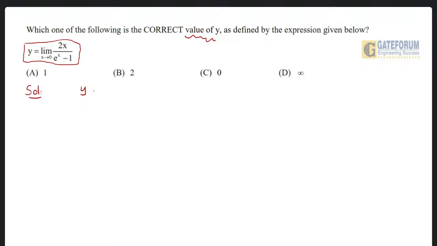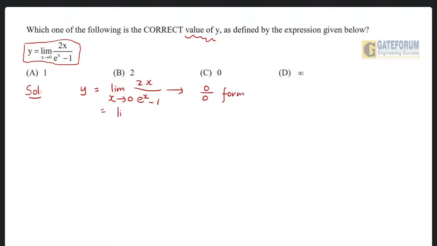Y is equal to limit x tends to 0, 2x divided by e power x minus 1. This is 0 by 0 form. When I put direct substitution, numerator 2 into 0, 0, denominator e power 0, 1, 1 minus 1, 0. 0 by 0 form, then apply L'Hospital's rule.